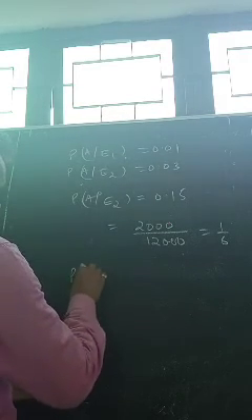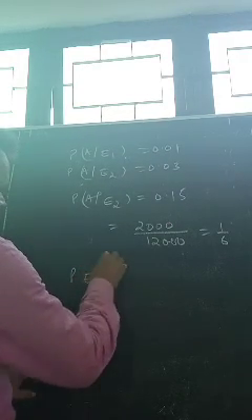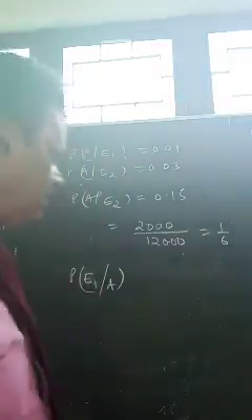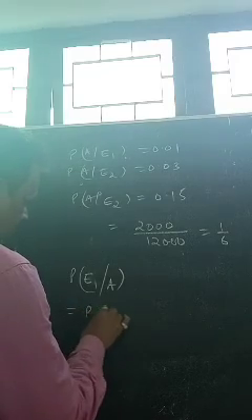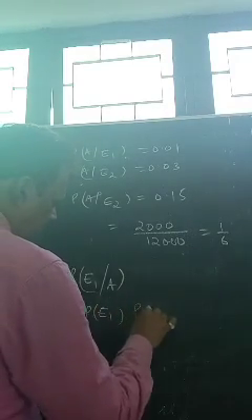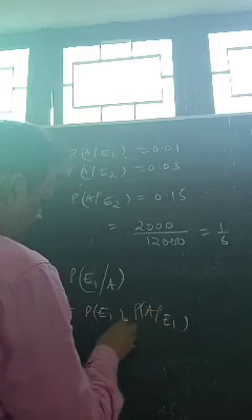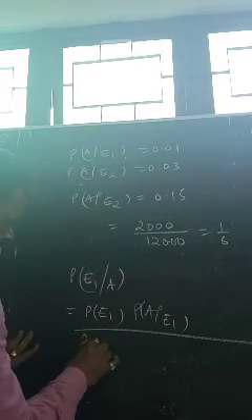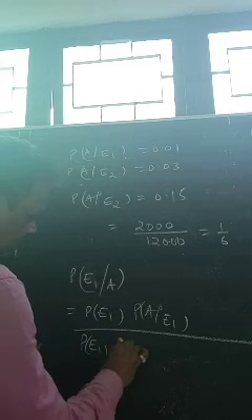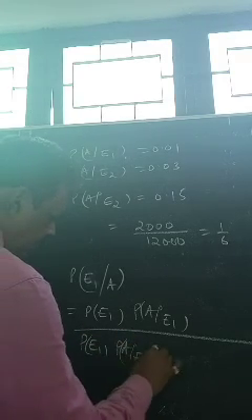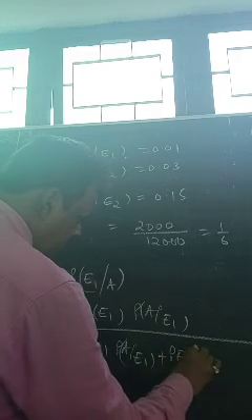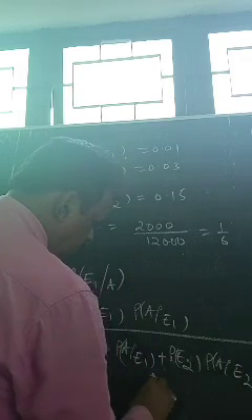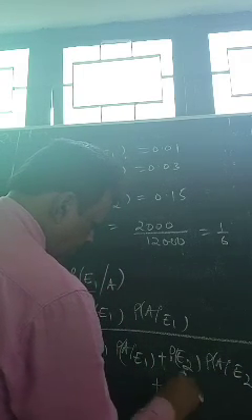Means probability he is a scooter driver meets with accident. This one. So what will you write? E1, A of E1 divided by total. Total means how many? 3 parts you have. E1, A E1, E2, A E2, E3, A E3.